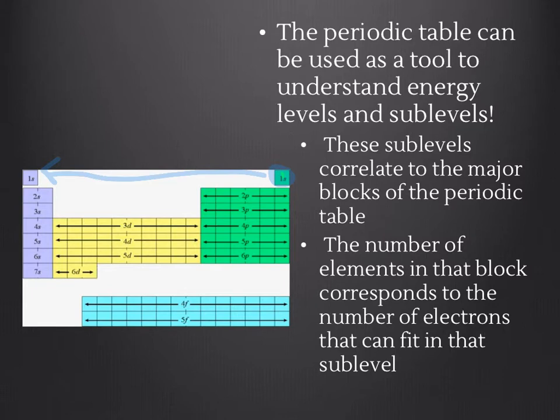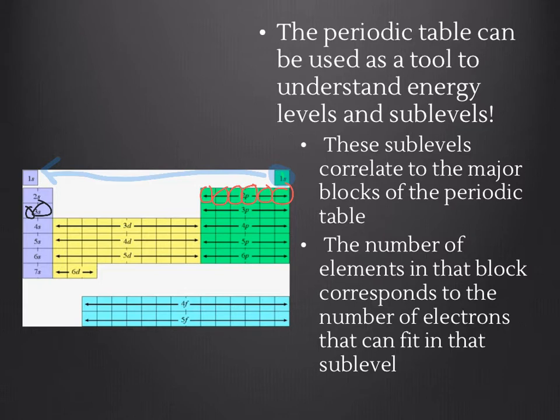So if you look in the S block, there are 2 elements there in each period. 1, 2. So that means 2 electrons can fit into the S orbital. If you look at the P block, 1, 2, 3, 4, 5, 6, that's 6 elements there. That means that there can be 6 electrons inside that sublevel.